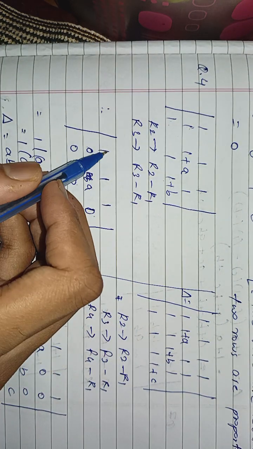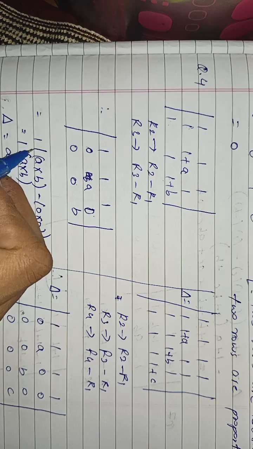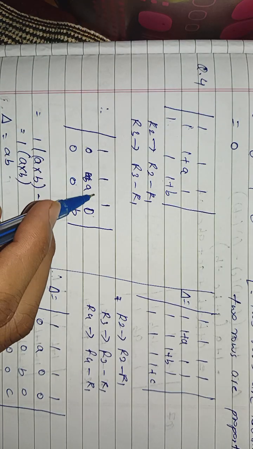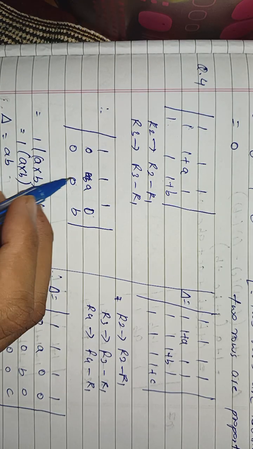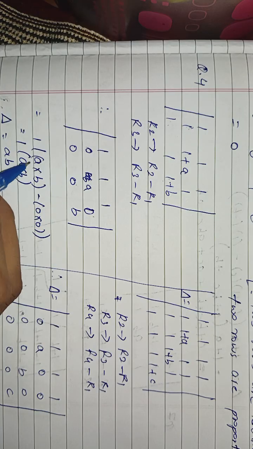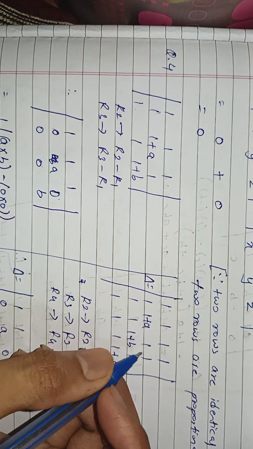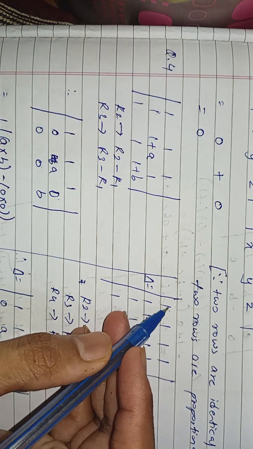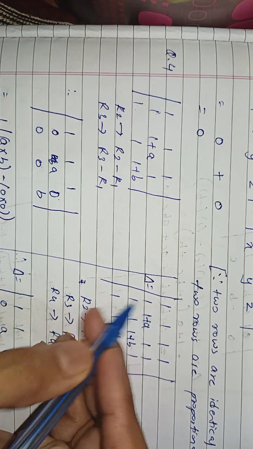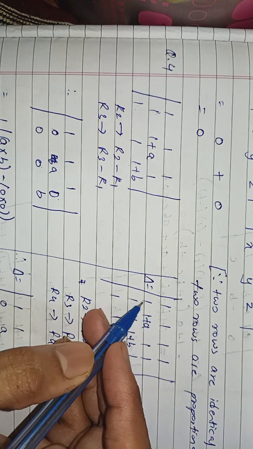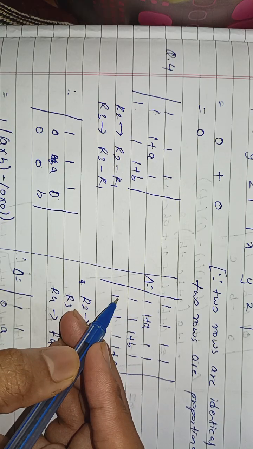So here we take 1 and we calculate the determinant by taking the minor, so ab minus 0 into 0, so ab minus 0, so you got the determinant as ab. Similarly, if you get this pattern where you have 1 in a column or row, you can convert this into 0.